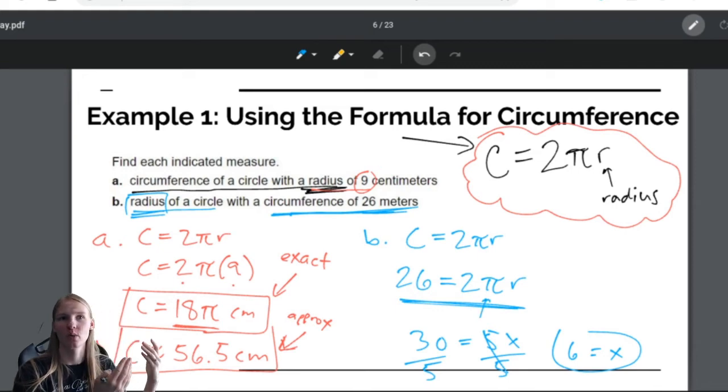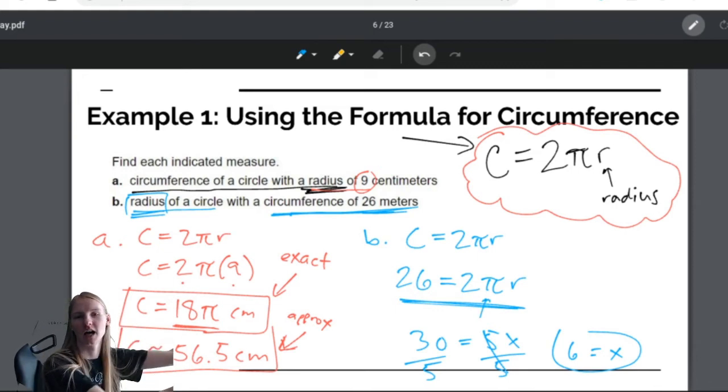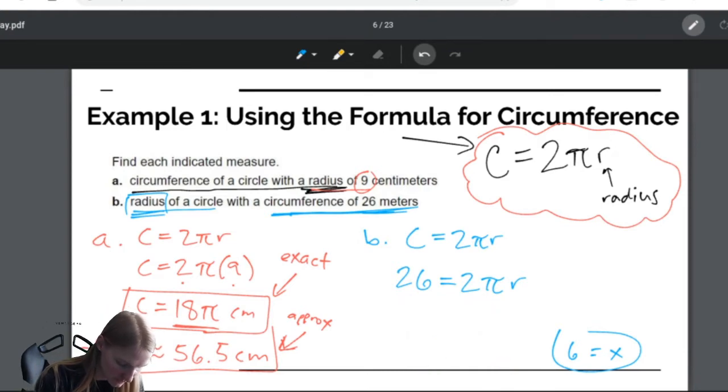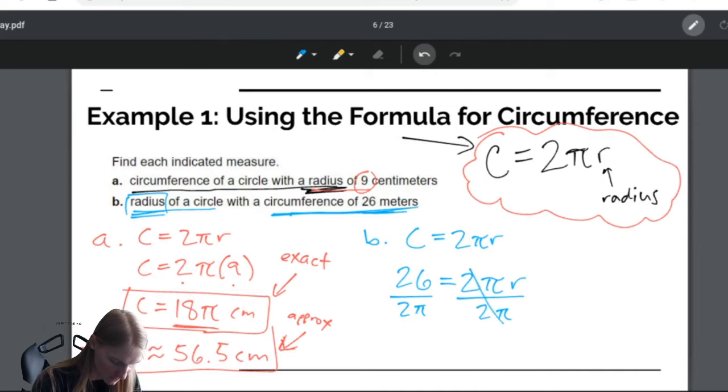Pi is just 3.14159. So, because pi is just a number, we can just divide by 2 pi on both sides. Cancel out the 2 pi's. 26 divided by 2, that's 13 over pi equals r, and there's your exact answer.